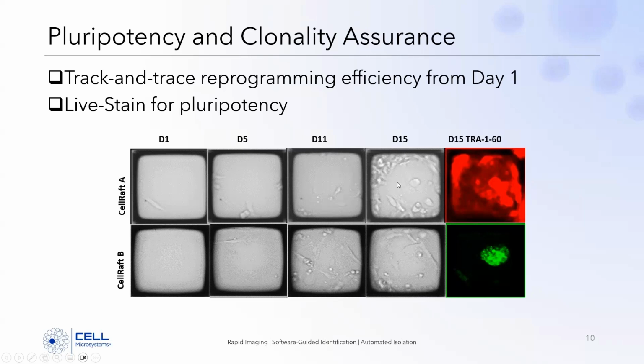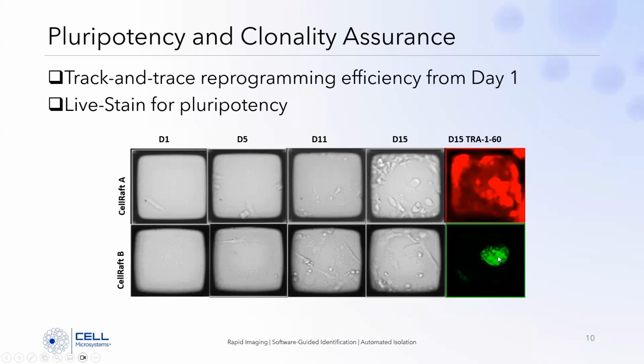Those cells begin to grow by day 15. And you can see at the top an example of a monoclonal colony where the entire colony itself is TRA160 positive. In contrast, on cell raft B, you can see that the reprogramming has not been quite as efficient, and in this particular raft at day 15, you can't really differentiate what is on this raft from a bright field perspective.